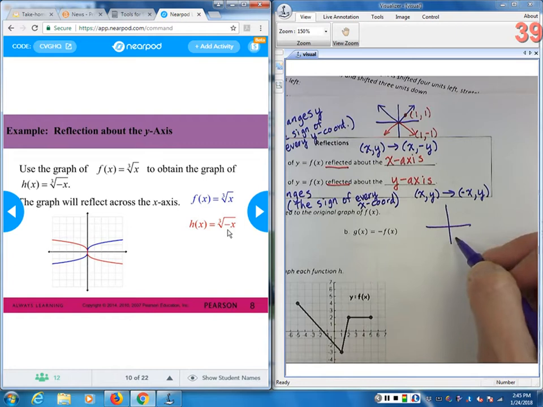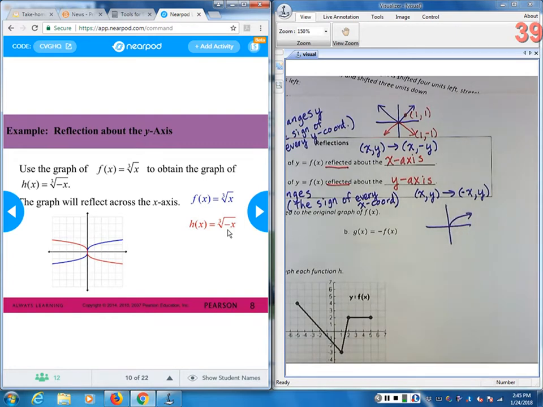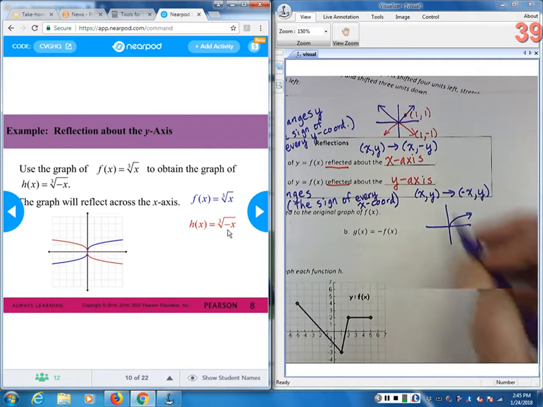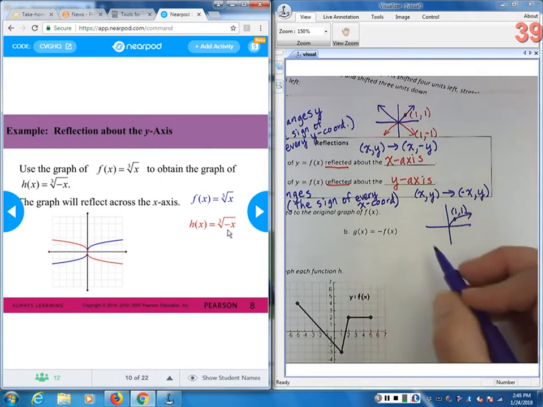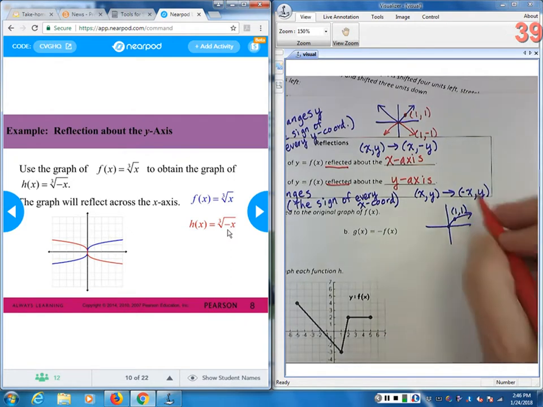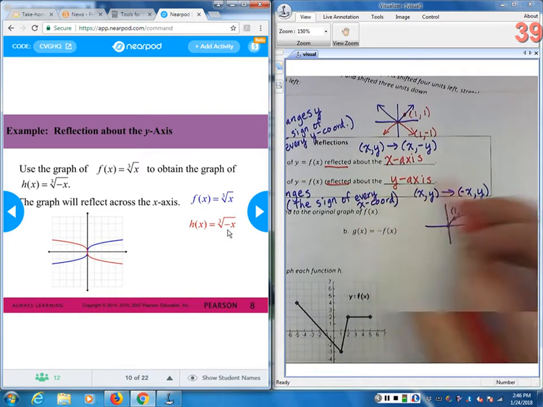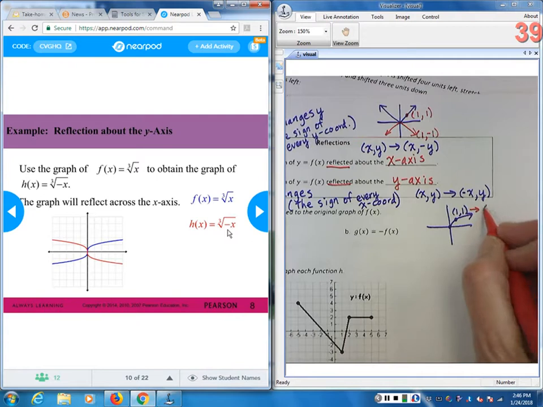So let's start with something like the square root function. And this is the point 1, 1. And this is 0, 0. So 1, 1 will now become, for flipping across the change on the inside, -1, 1.